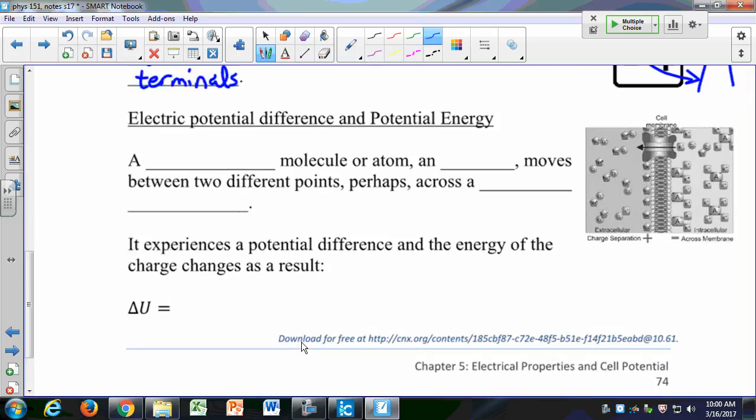All right, so let's look at electric potential difference and potential energy. Well, there's our cell membrane. We'll get into that sodium potassium pump later. But imagine a charged molecule or atom, an ion, cation or anion. It moves between two different points, perhaps across a cell membrane.